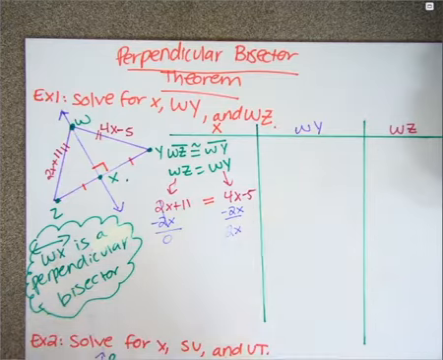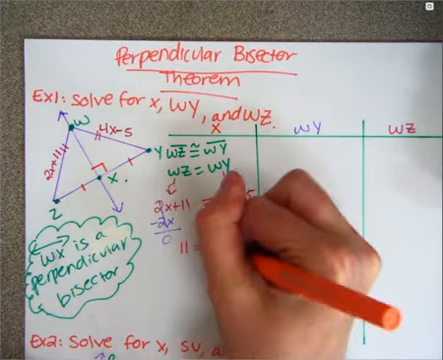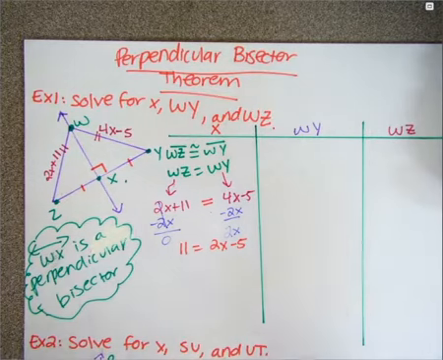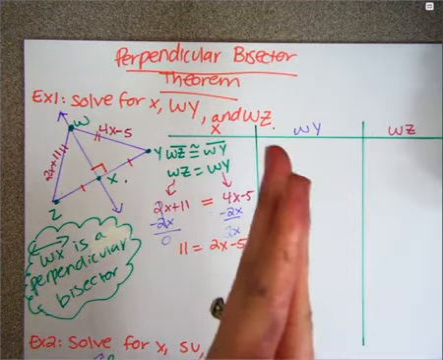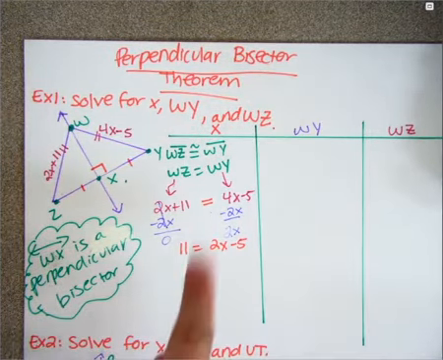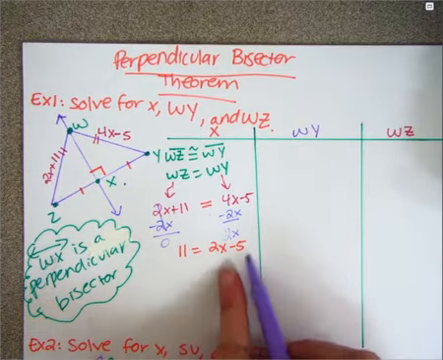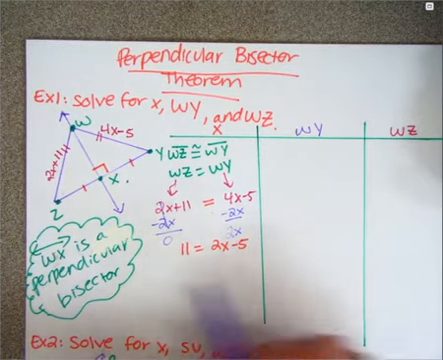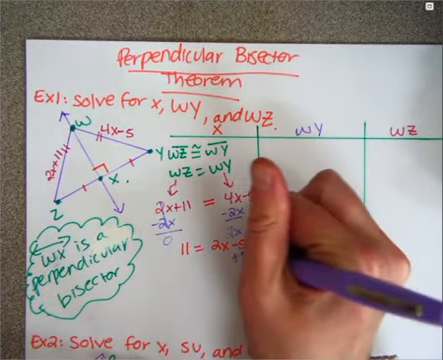So now I'm left with 11 equals 2x minus 5. All right, now that my x's have been joined together, I need to get x on one side by itself, which currently that negative 5 is getting in the way. So let's move negative 5 to the other side by adding 5 on both sides.